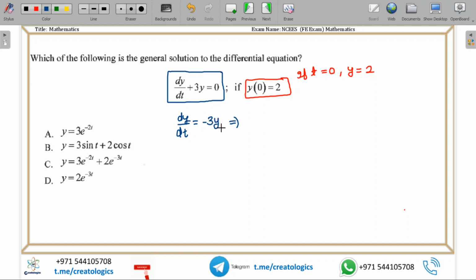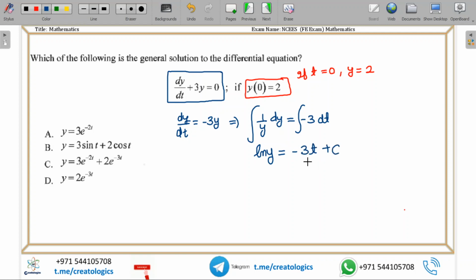Now I can separate the variables, which gives me 1 over y dy is equal to negative 3 dt. I just separated the variables, all the terms containing y on one side, all the terms containing t on the other side. Now integrate both sides. The integration of 1 over y formula is also available in your handbook, but if you know it, it is going to be ln y is equal to negative 3t plus c.